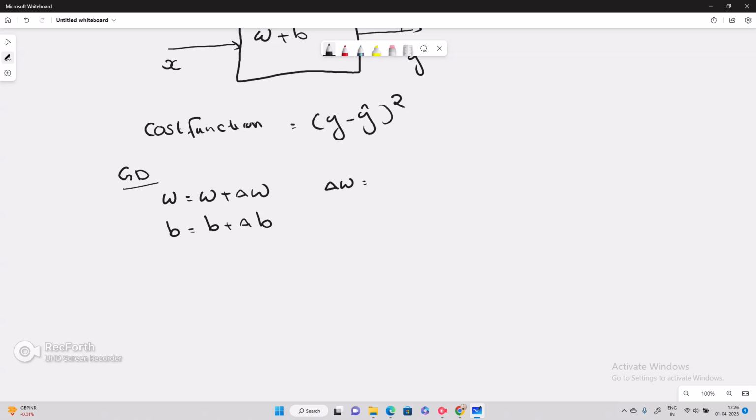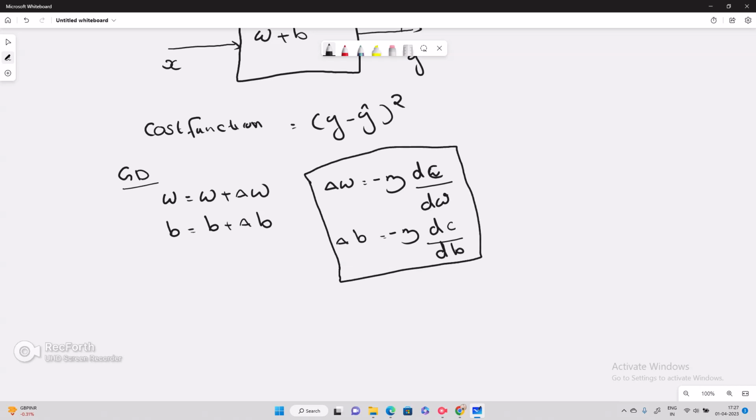Here we can say that delta W is equal to minus eta, which is called the learning rate, into dou cost function divided by dou W. Similarly, for the bias, it is the change in cost function with respect to the bias. So this is the basic weight updation formula of the gradient descent algorithm.